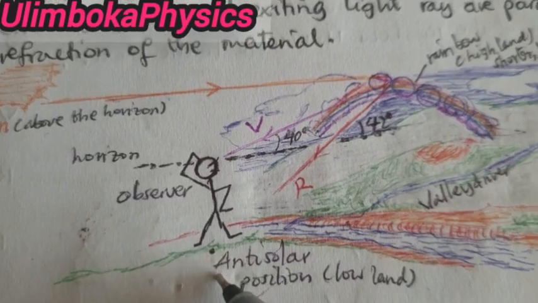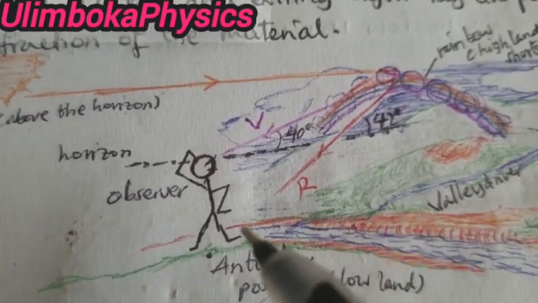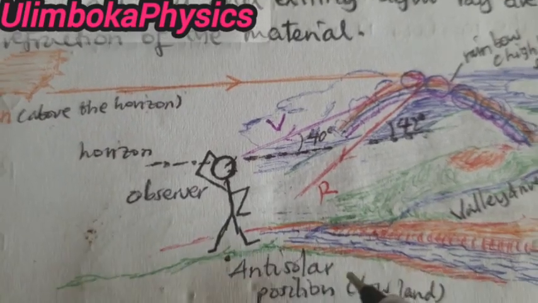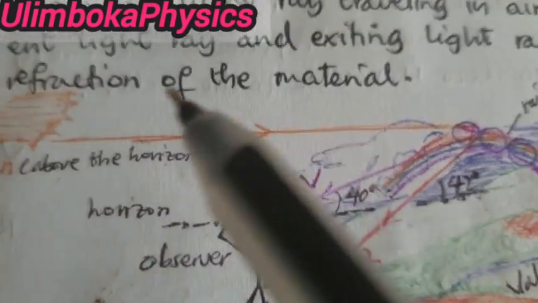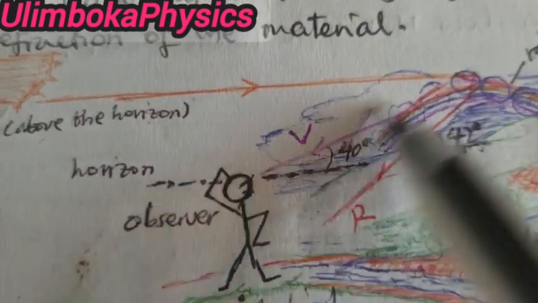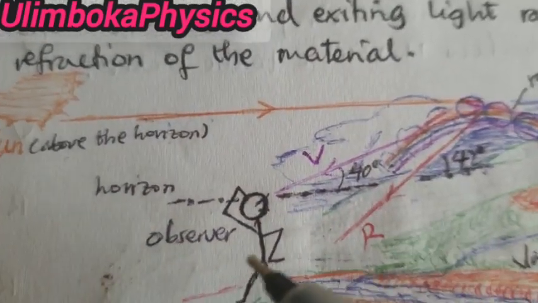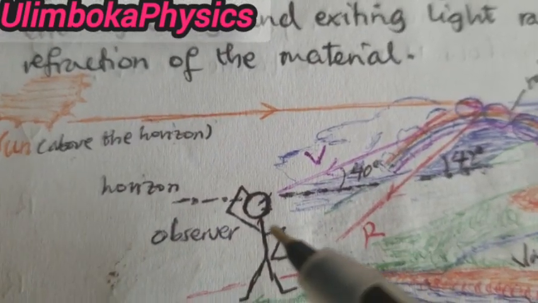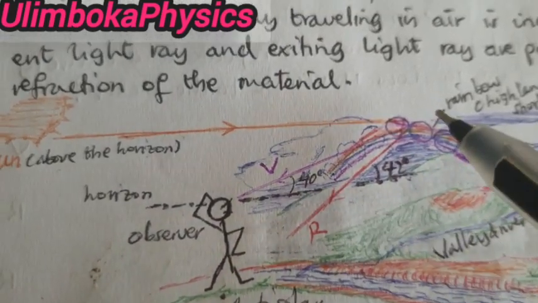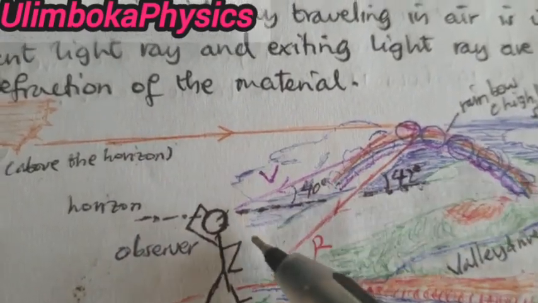This position is called the anti-solar position, found at a lowland. It is a position where the sun is behind the vision of the observer, who is looking at the highlands and observing the rainbow.